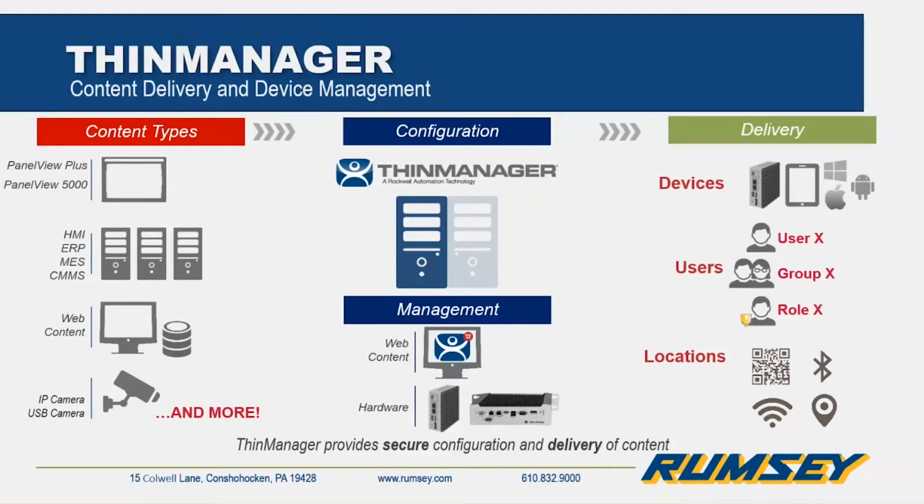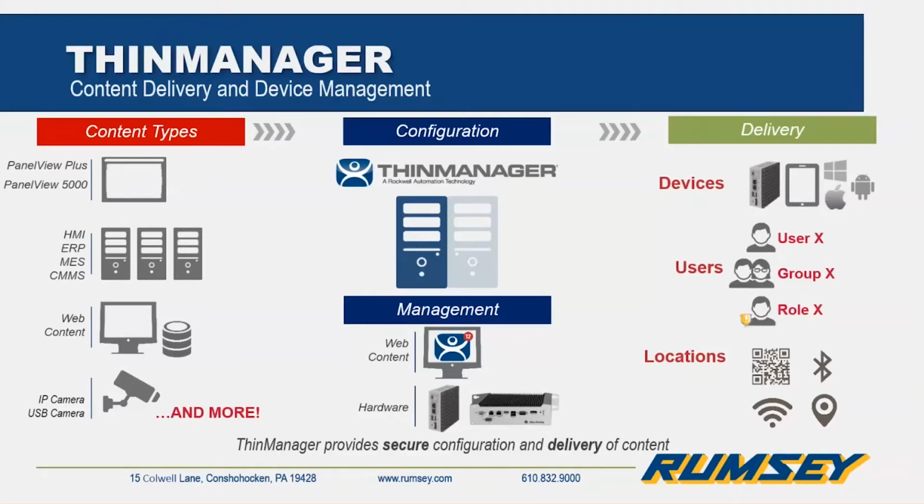And then location takes that to the next level. And this is where the heart of the mobility initiative is built into ThinManager. It gives us the ability to take content and assign it to an area or a location and then deliver it to mobile clients or physical clients at any location based on where we are. A simple example would be a QR code. You could take a QR code sticker and stick it on a panel.